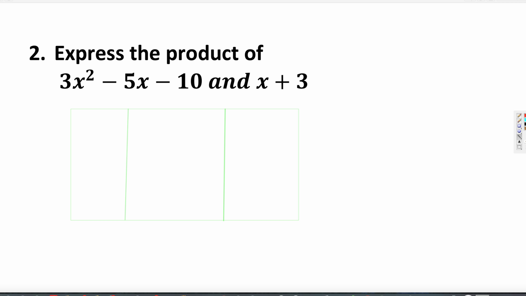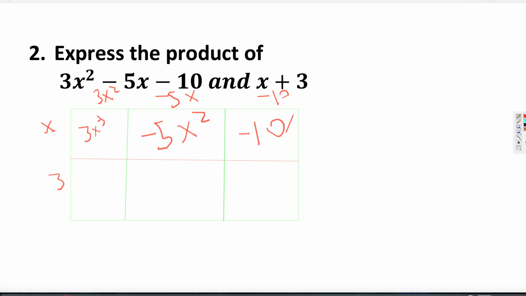And then what you do is you put the 2, let's get this level going. Okay, good. And what you do is you do x over here, 3 over here, it's positive, and then 3x squared, minus 5x here, minus 10. And then you just do this one, 3x cubed, x times minus 5x, minus 5x squared, minus 10x.